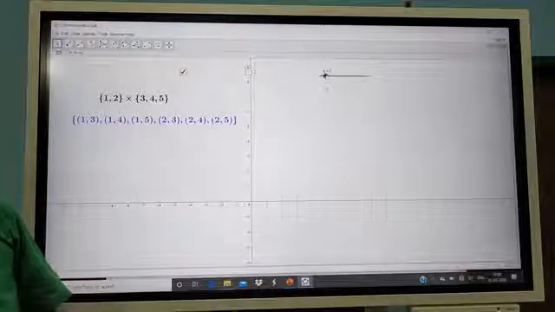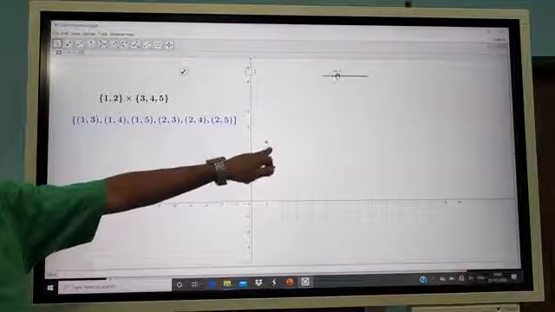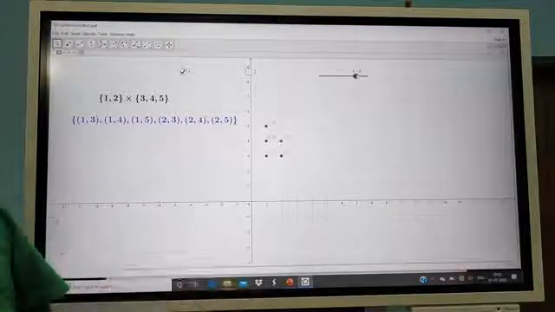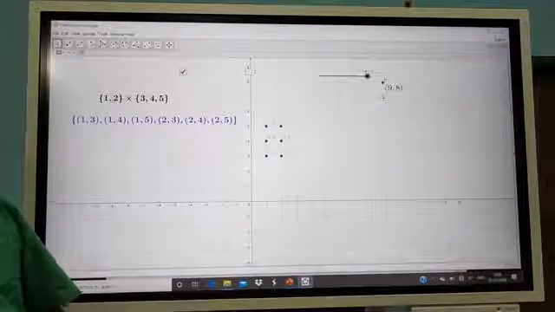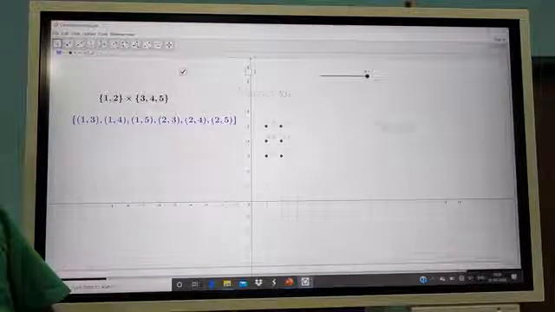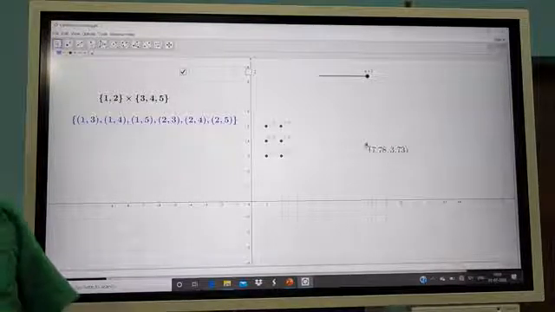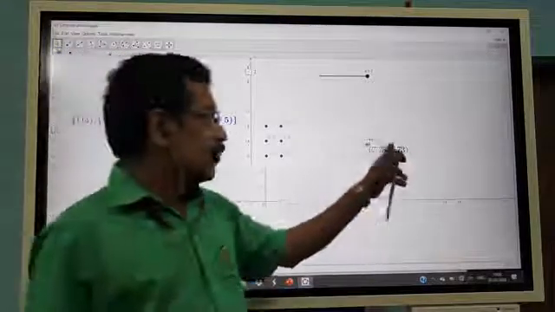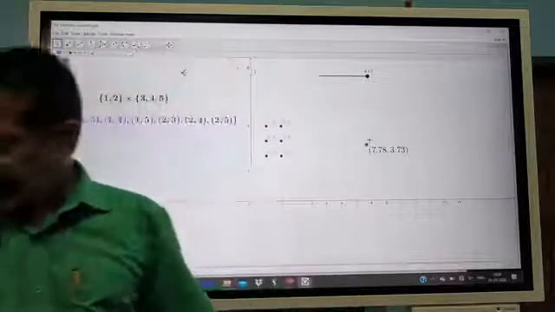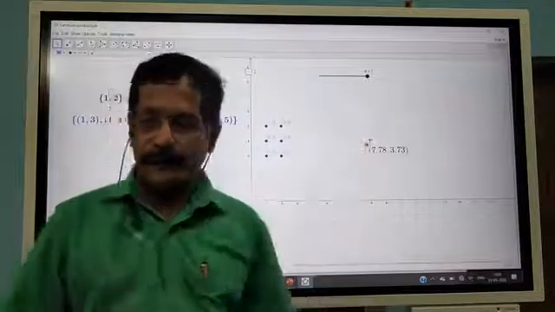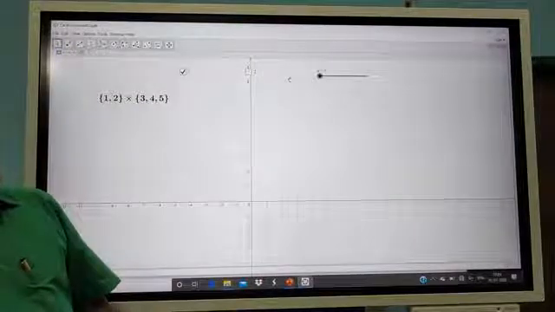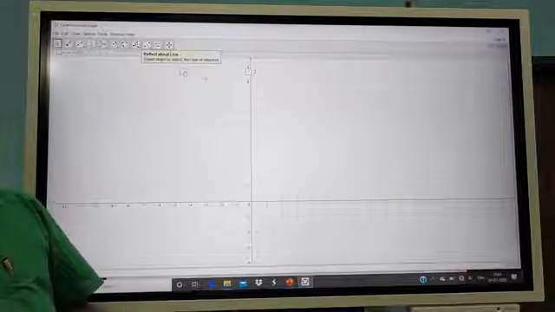You can see that it is (1,3), (1,4), (1,5) and (2,3), (2,4), (2,5). And we can move anywhere in this plane, and we are getting real numbers as the first component and real numbers as the second component. So that is R cross R, the set of all points in R cross R. So very clear.